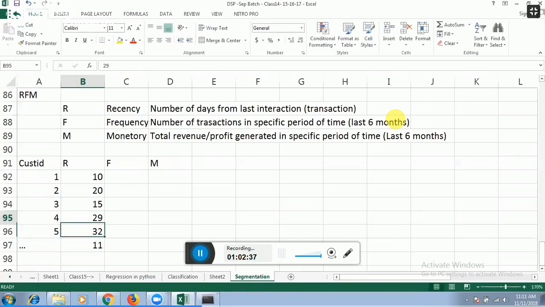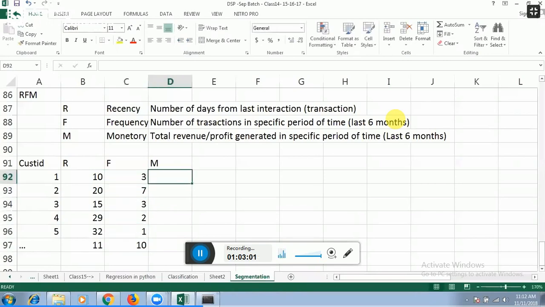The frequency is, okay, in the last 6 months he visited 3 times. In the last 6 months, the second customer did 7 purchases, and then 3 purchases, 2 purchases, 1 purchase, 10 purchases.